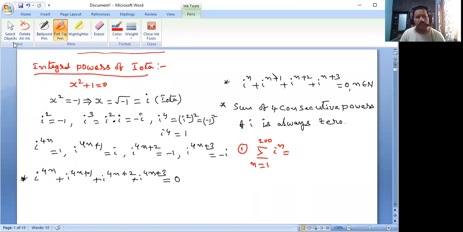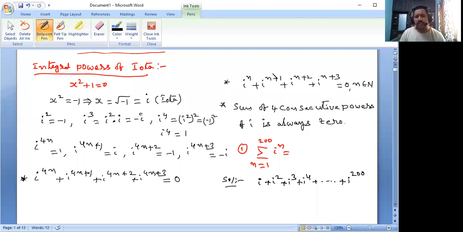Sigma means summation. Expand, what will you get? In place of n, substitute 1. You will get i, i square, i cube, i power 4, and so on up to i power 200.